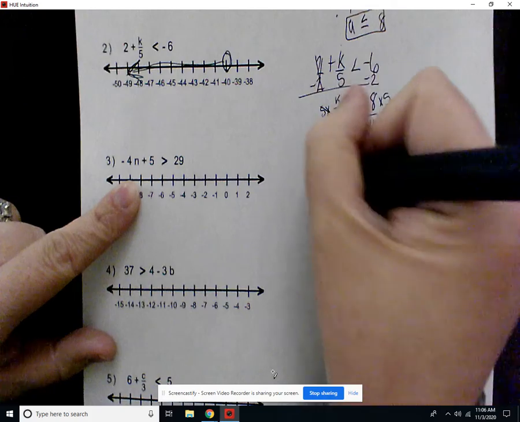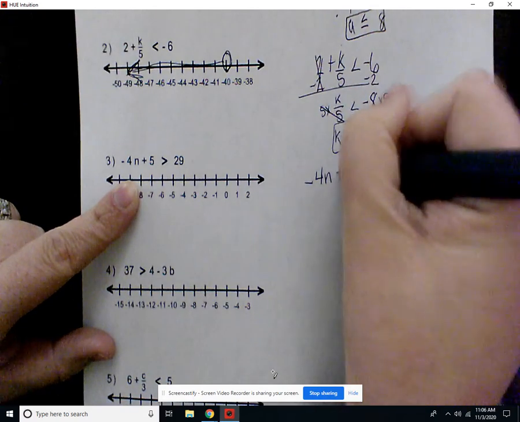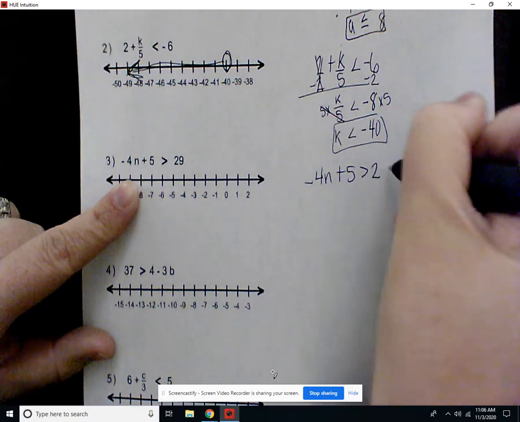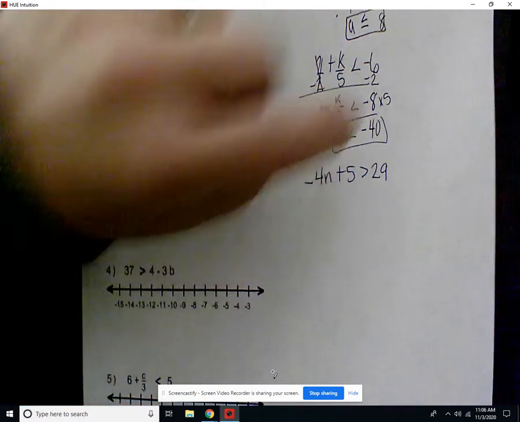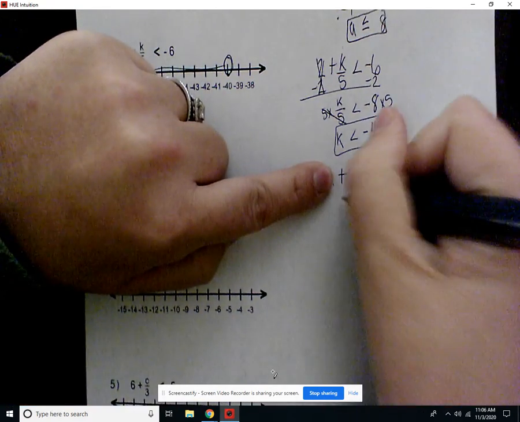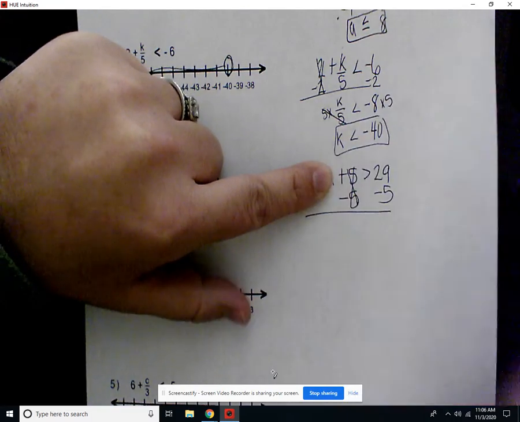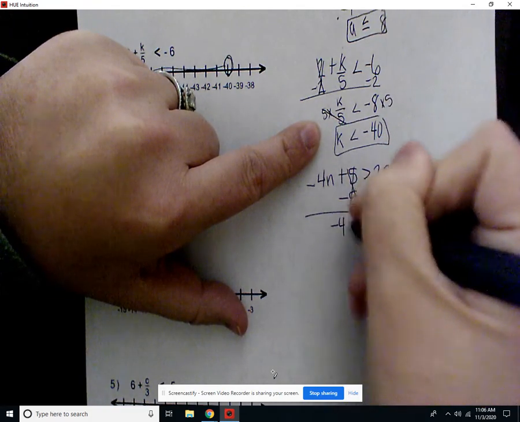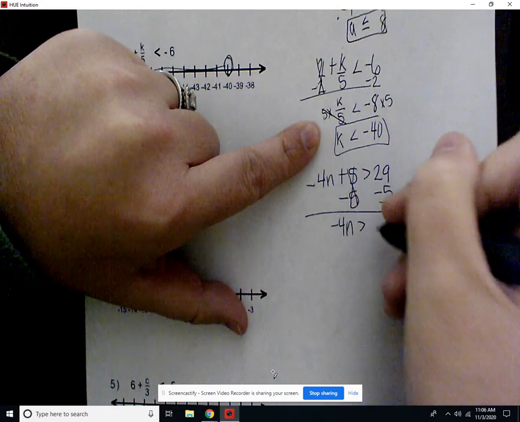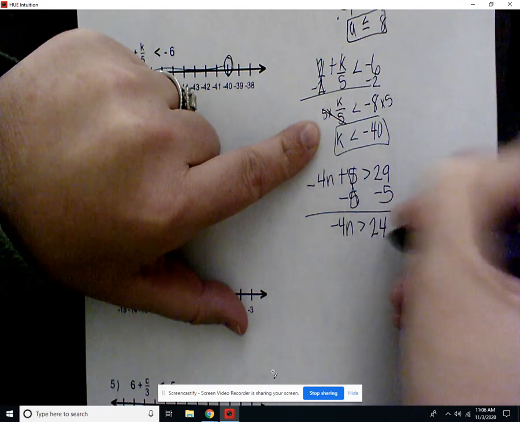Okay, so our next one, we have negative 4n plus 5 is less than 29. So again, cover up your letter. Opposite of plus 5 is going to be minus 5. 5's cancel. We have negative 4n. 29 minus 5 is 24.